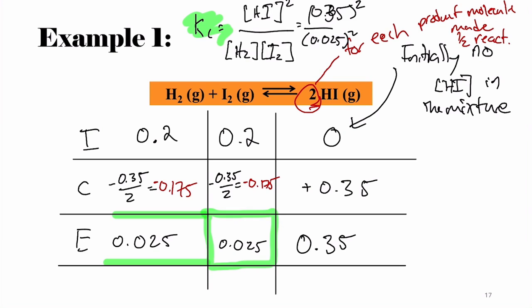I put squared there just because these two values are the same, so I just combine that into one term. And when you calculate that, you get 196 for the value of the equilibrium constant.